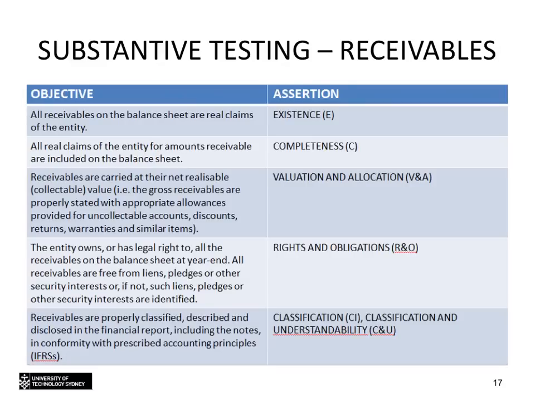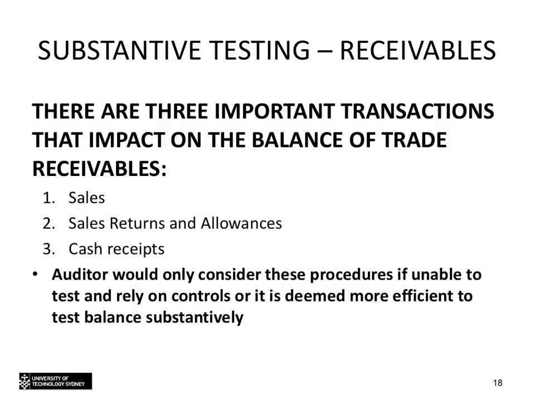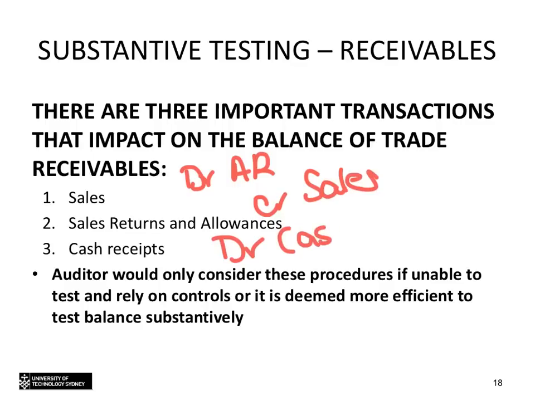All right, so here again are my basic assertions, my explanations of my assertions, so that's nothing tricky. What transactions are important? Sales, of course, because we go debit accounts receivable, credit sales. Cash receipts, because we go debit cash, credit accounts receivable.